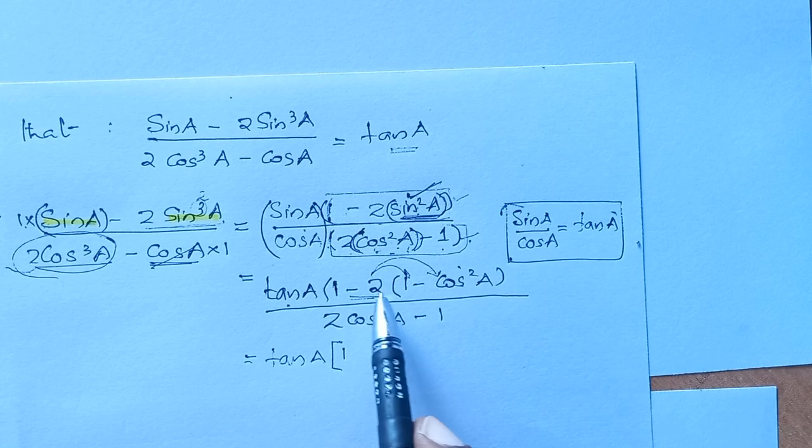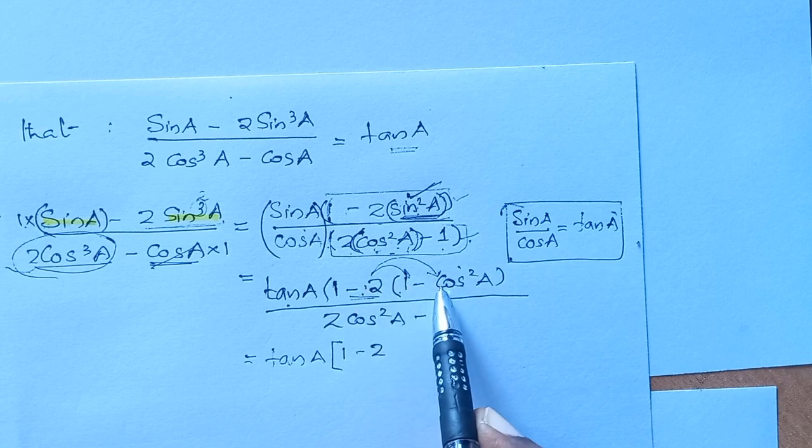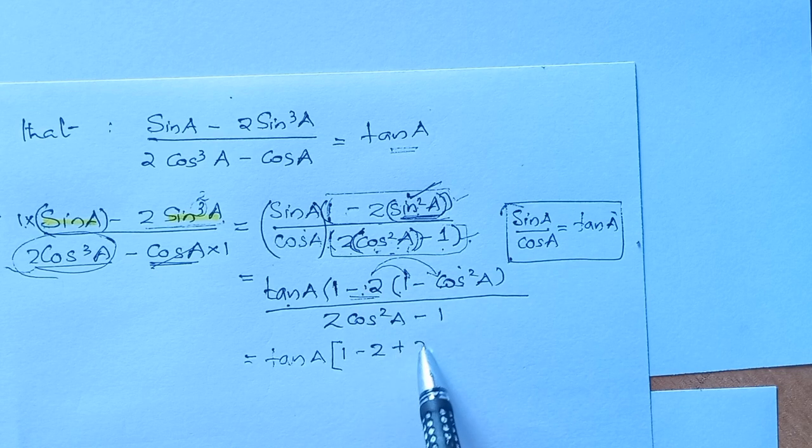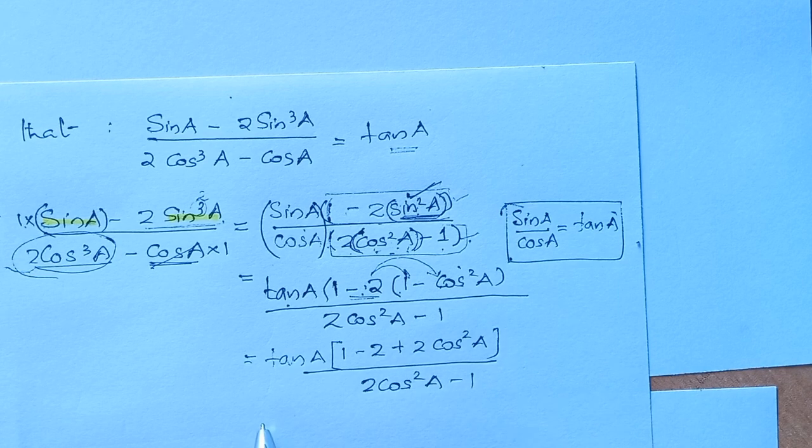When you expand the bracket, we get minus 2 into 1, minus 2. Minus 2 into minus cos square a is plus 2 cos square a, all divided by 2 cos square a minus 1.